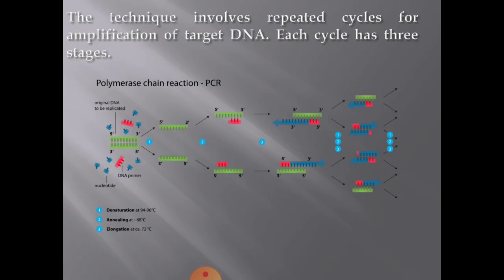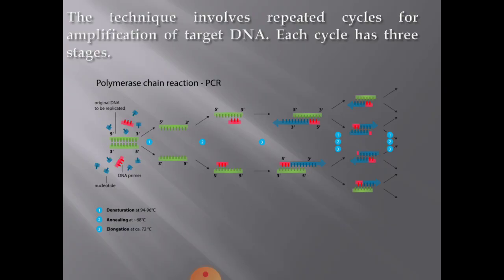Now, I want you to go back to your previous semesters and remember about DNA replication. There you must have studied, right? Leading strand and lagging strand, Okazaki fragments, all that, right? So here, the synthesis is almost comparable to the DNA replication of the leading strand. So as a homework, you can just go back to your molecular biology notes and learn more about DNA replication of the leading strand, not the lagging strand.